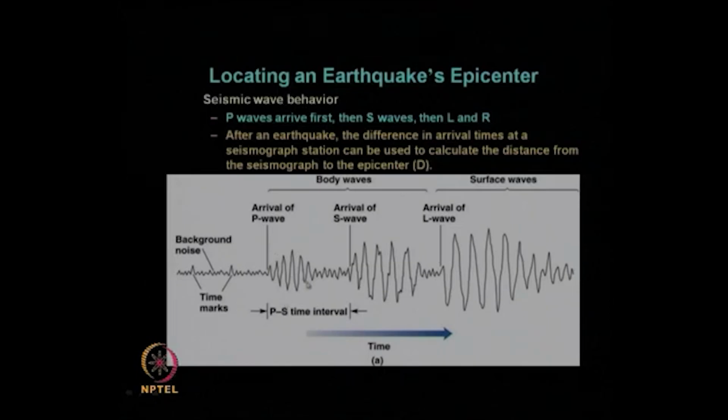So, if some wave has arrived at a seismograph station, it definitely has to be the P wave, right. It is not that only the S wave can come first. There is no such shadow zone where the P wave is not present, but the S wave is present, right. So, the P wave must come if something is coming, otherwise nothing will come. If it is in the shadow zone of both P and S wave, nothing will come, but if they are not in a shadow zone, at least the P wave will come.